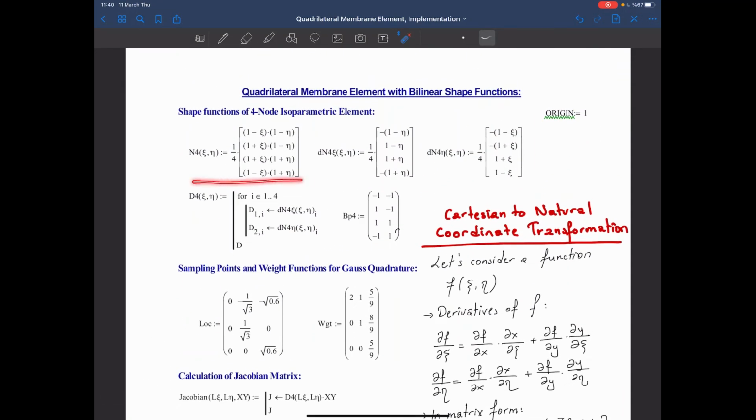Now I have the shape functions here, and these are the derivatives of the shape function with respect to psi and with respect to nu, and I'm just filling a matrix like this. First row has the derivative with respect to psi, and the second row has the derivative with respect to nu.